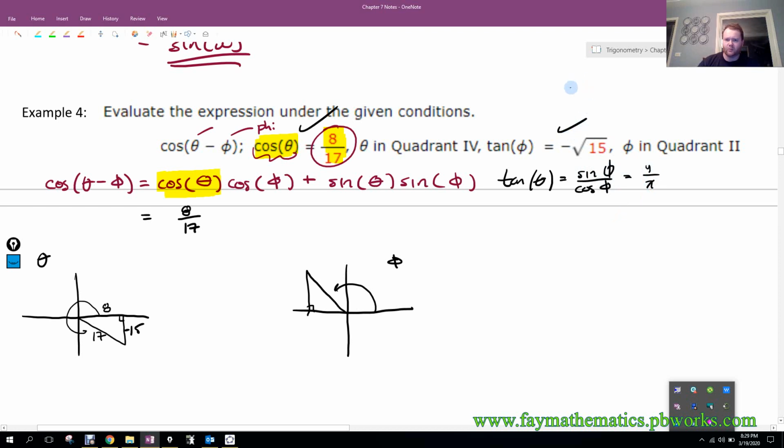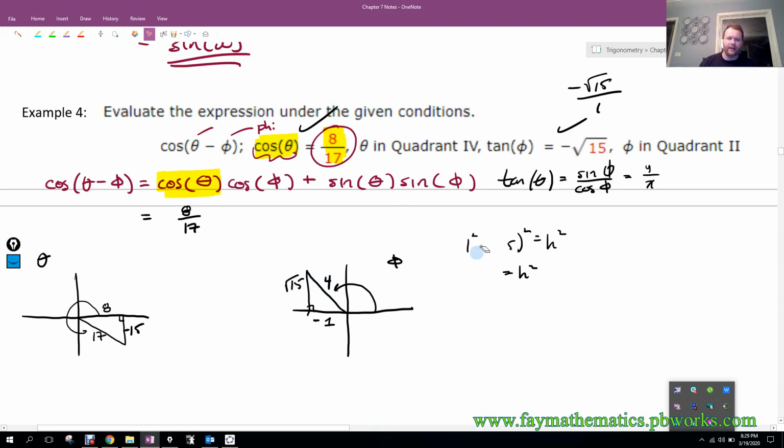Okay? So when we have this root negative 15, it's over 1. This is my y value. So negative, or let's say radical 15 is that y value. And then 1 is the adjacent side, or the x value. Now which one of those has got to be negative? That's the one that's got to be negative. Okay. Then when we use the Pythagorean theorem here, we can say 1 squared plus root 15 squared should equal my hypotenuse squared. So it gives me 16 is equal to the hypotenuse squared. So this distance here is 4.